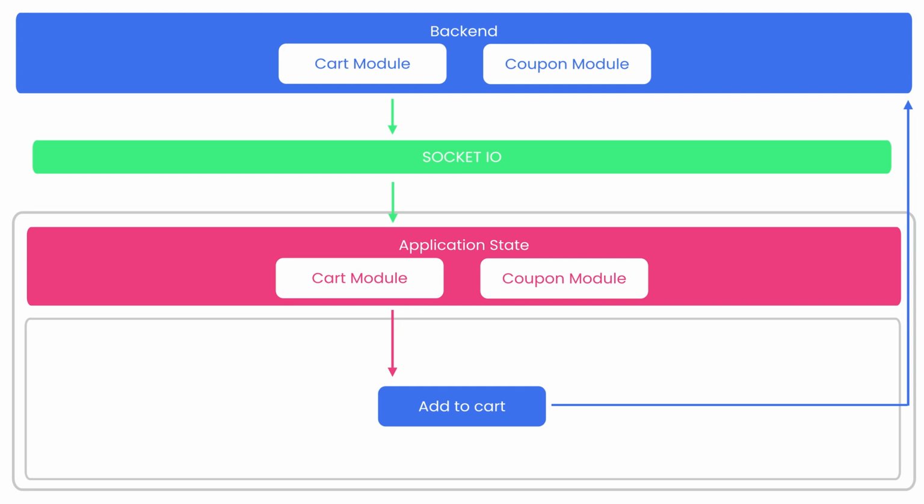Sockets immediately pulls that down into your cart state in Vuex because I mirrored it. That will then automatically allow the reactivity of your Vue or React or whatever front end you've got to immediately render that item in the cart. I don't have to do anything. It's a one-way application flow.